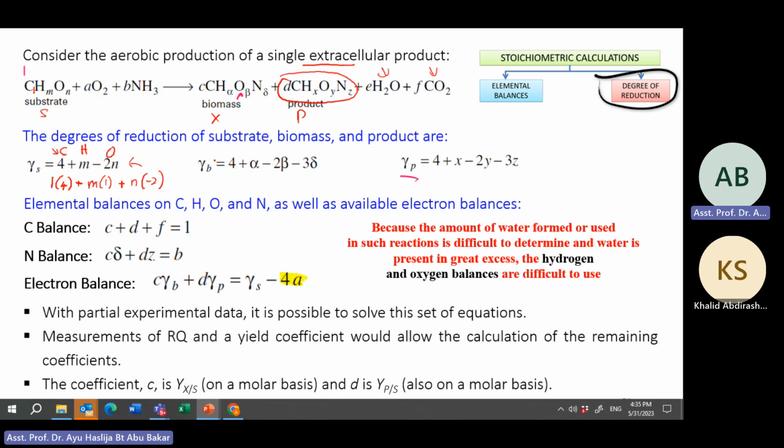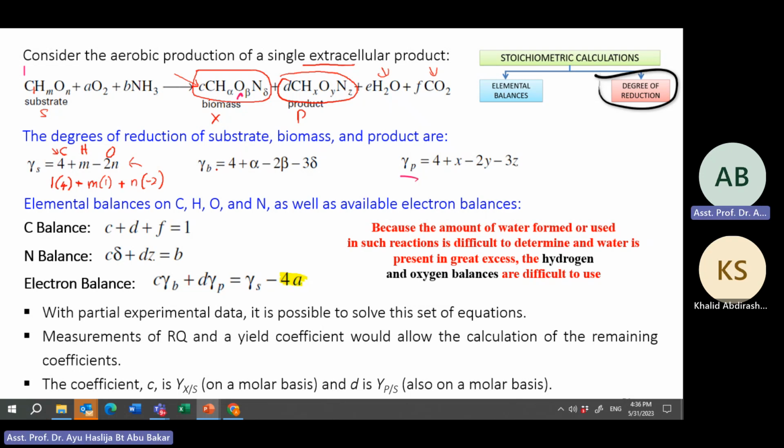Similar concept to find out the degree of reduction for biomass. Okay, this is the biomass. Carbon, 1 carbon multiplied by 4. Consider only the biomass molecular formula. The C over here is the mole of biomass produced.